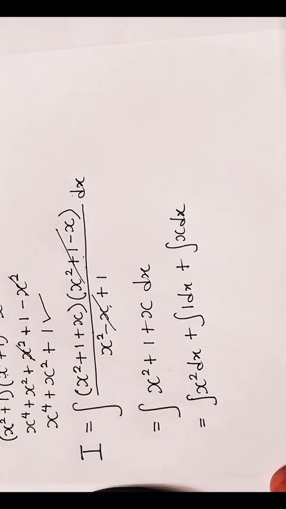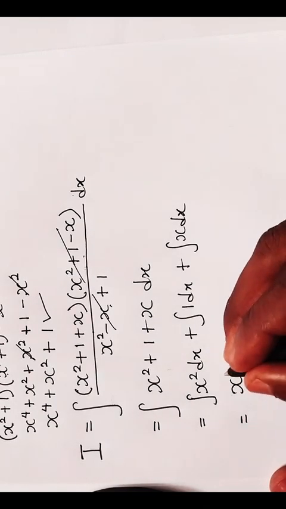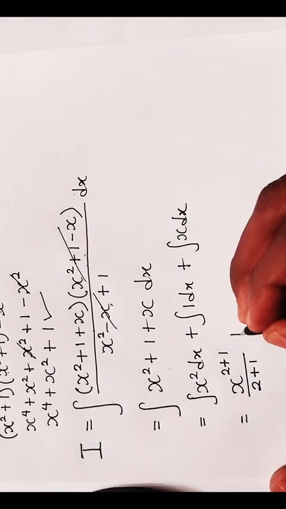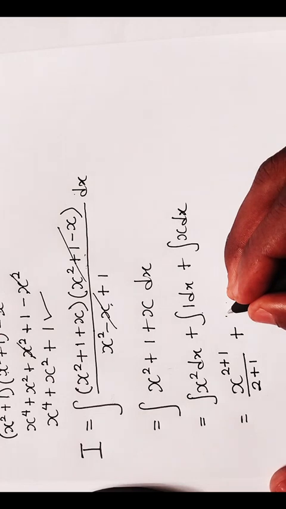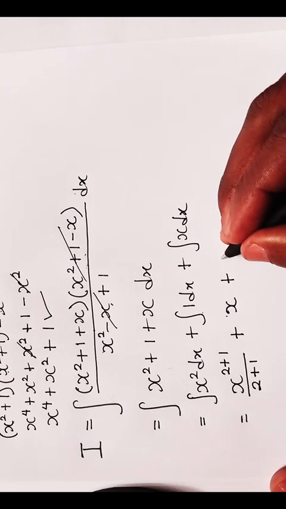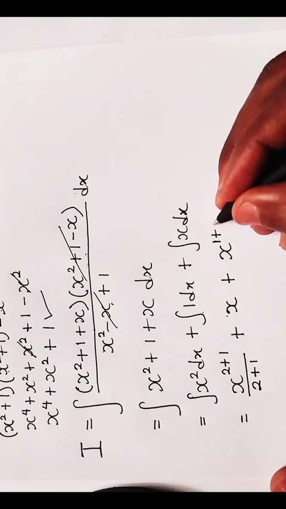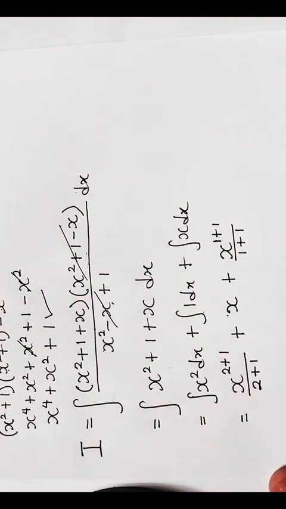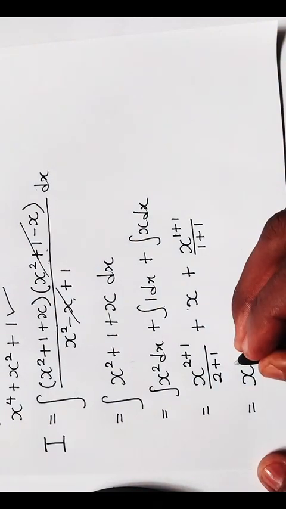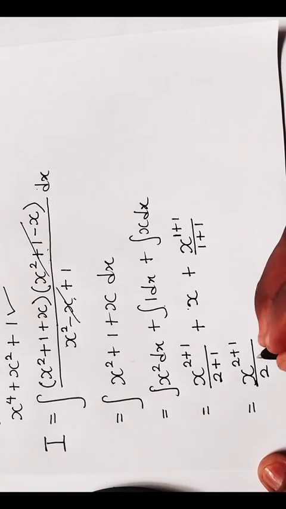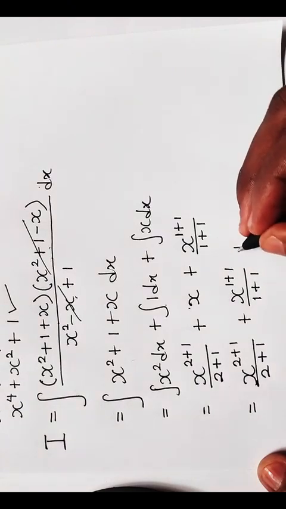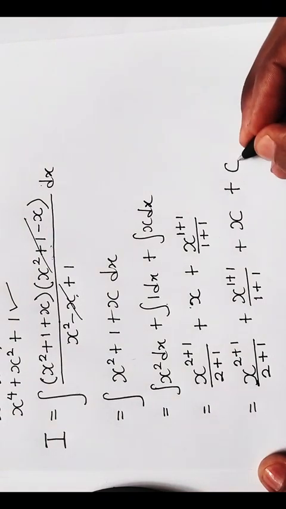Now, if we integrate this, we have x^(2+1) all over 2+1, plus, if we integrate 1, we have x, plus, if we integrate x, we have x^(1+1) all over 1+1, plus c.